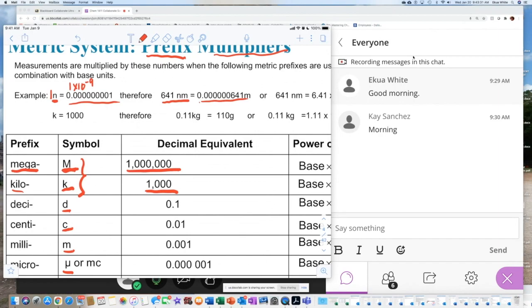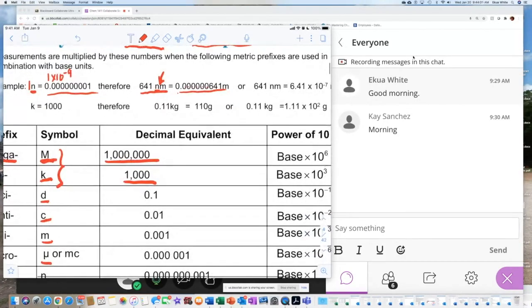This is the same as 0.000000641 meters, very small. We tend to use nano measurements to describe the length of a wave. A wave is very tiny, and we sometimes don't want to use very small numbers to illustrate its length. So we use larger numbers that are more manageable, but in its place, to not compromise the value of the length of the wave, we use the metric prefix that fits.